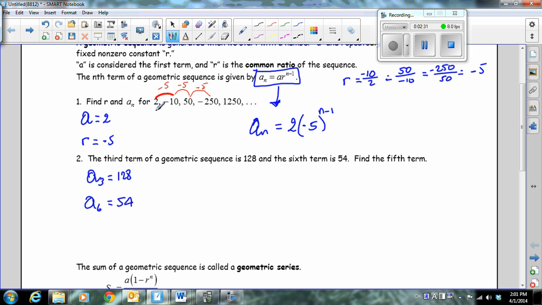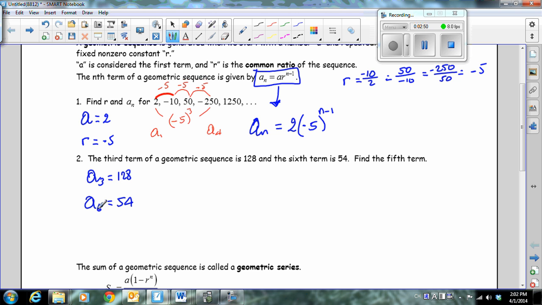So if I want to travel straight from 2 to -250, I'll multiply by -5 to the power of 3. In other words, from a1 to a4, the difference between the subscripts, 4 and 1, gives you the power.